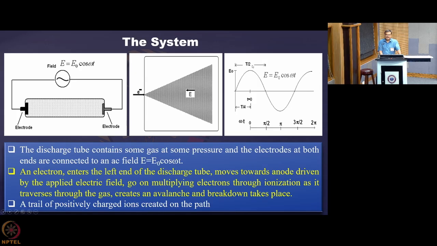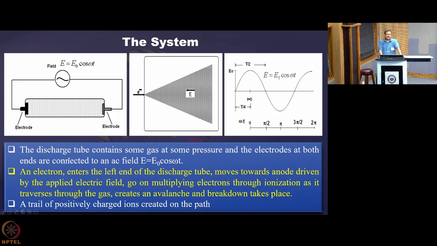So this is maximum over here. So this is actually a cosine curve at 0. This is the maximum. Okay, and you know the period. So this is the half period, and if you put it in terms of omega t, then this is pi by 2, this is pi, this is 3 pi by 2. So remember this configuration, and we are applying this electric field across these electrodes.